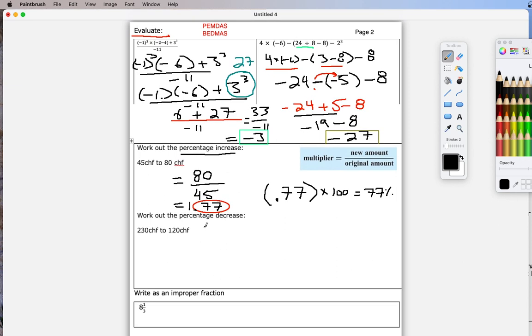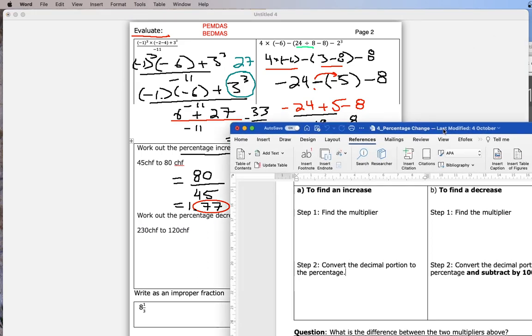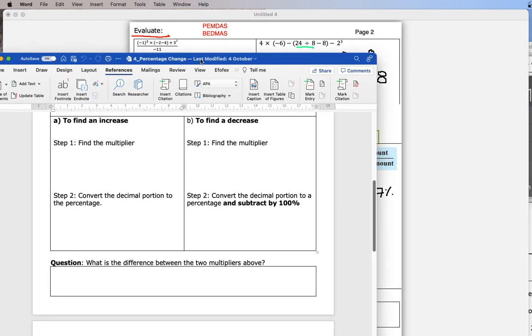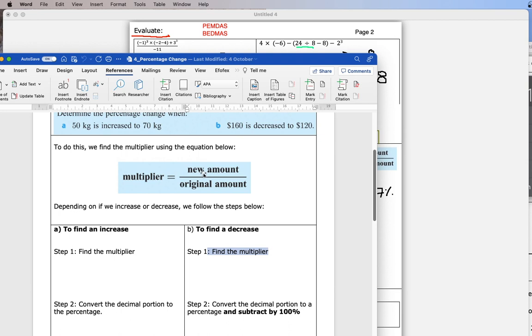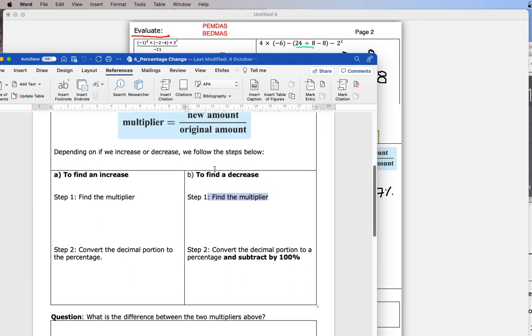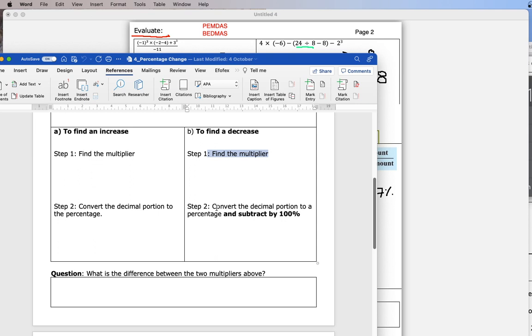Now for the percentage decrease, this is when it goes down. Let's take a look at the same idea. So if you go to your notes, I have these notes here. To find the decrease, we do the same step. We find the multiplier using this formula. All right, so we're going to use the same formula. But in this case, it says we're going to convert the decimal portion to a percentage, like here.